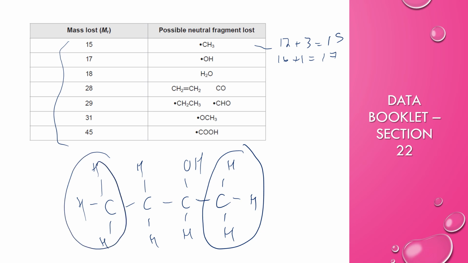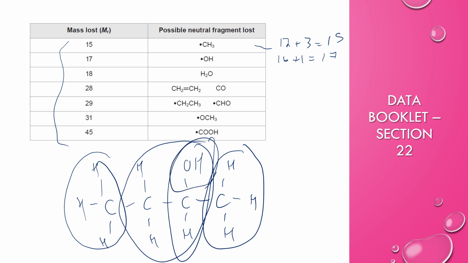So the CH3 fragment, you're probably going to see some of these, you might see some of these. So anywhere between carbons or between carbon and oxygen, it's likely to break apart. You will also see very frequently where just one hydrogen leaves, but that mass of one doesn't always show up on the spectra itself.